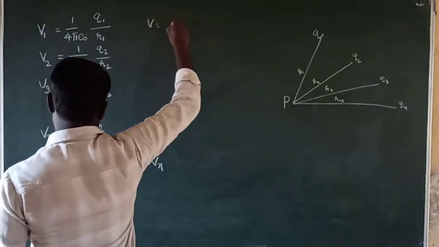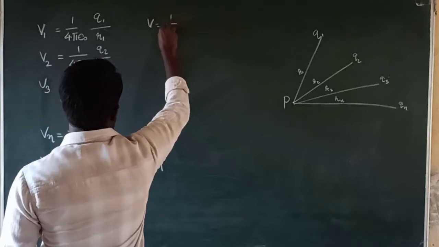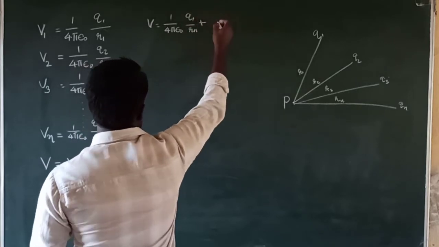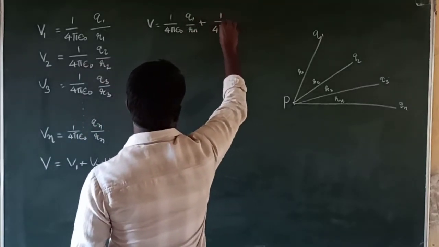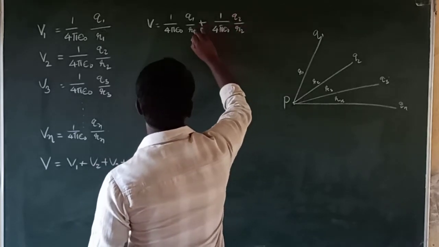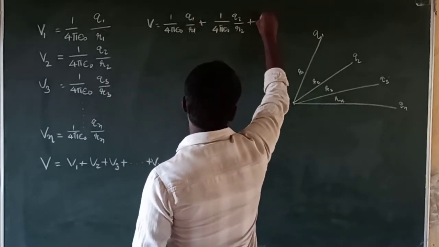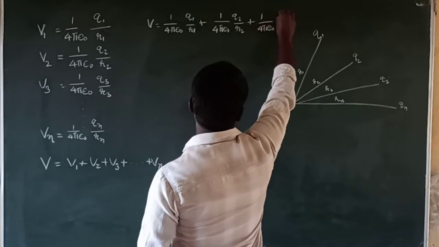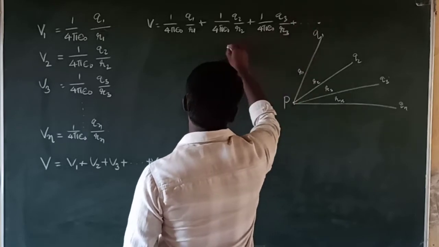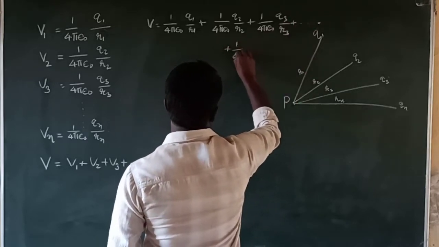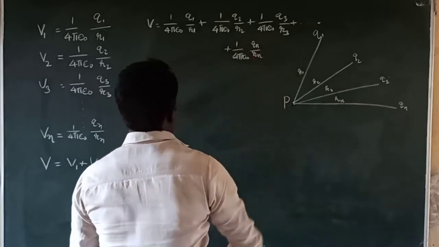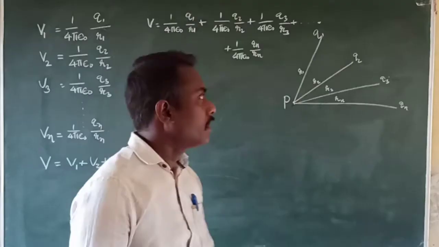V is equal to 1/(4πε₀) × Q1/R1 plus 1/(4πε₀) × Q2/R2 plus 1/(4πε₀) × Q3/R3 plus etc. plus 1/(4πε₀) × Qn/Rn.